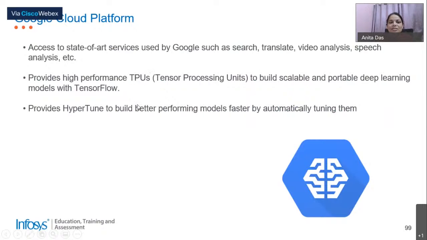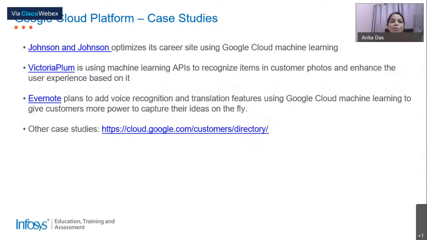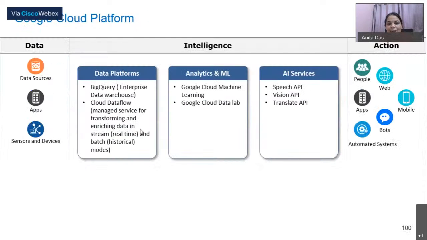You can do a lot of things using TPUs, and as far as images are concerned, the Google platform may be number one. It has BigQuery, Cloud Dataflow, Google Cloud Machine Learning. All these ready-made APIs you will also get, so that you don't have to program from scratch. You can just input your data, get the model built, and use the model.